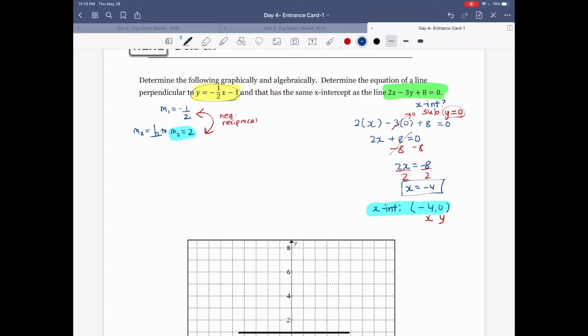So algebraically, I've basically found that. I have y equals 2x plus b. So this was kind of my step 1. This is my step 2. At my step 3, I wrote down what I have.